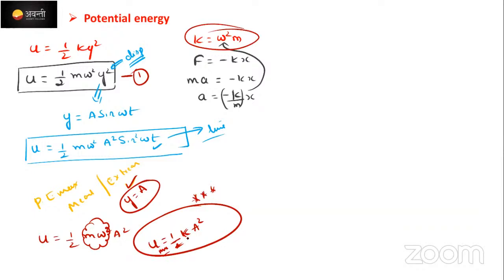Half k a square. Note down this one. This is maximum. Where is the potential energy maximum? At the extreme position. Clear? Okay, cool.